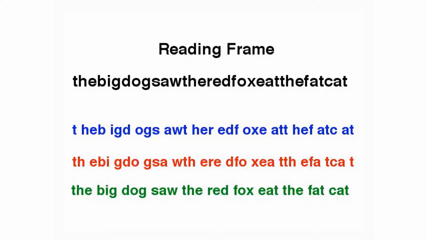If we shift the triplets one frame shift, we get a sentence that has words that mean nothing to you and I. If there is a second frame shift, we still have that incoherent set of triplets that do not code for an amino acid. So frame shift 3 gets us back to the original message. The big dog saw the red fox eat the fat cat.